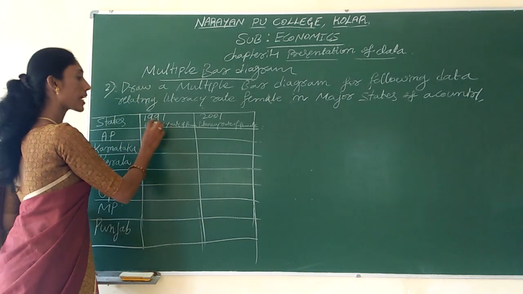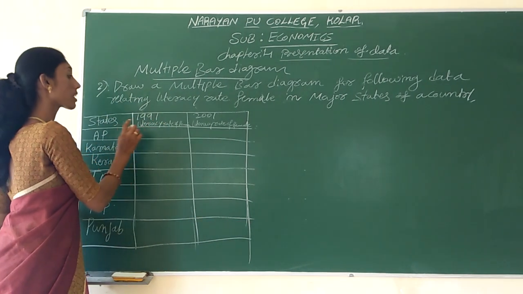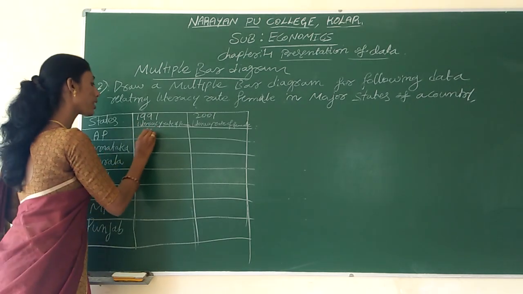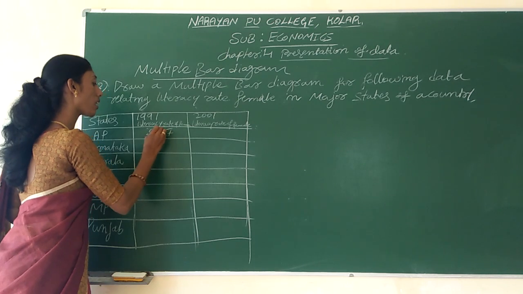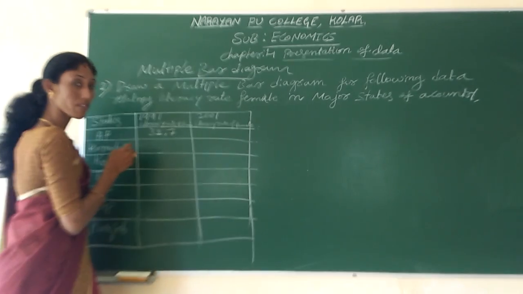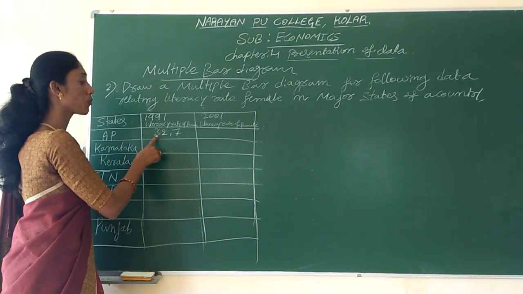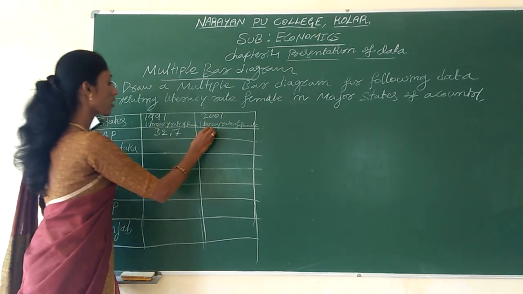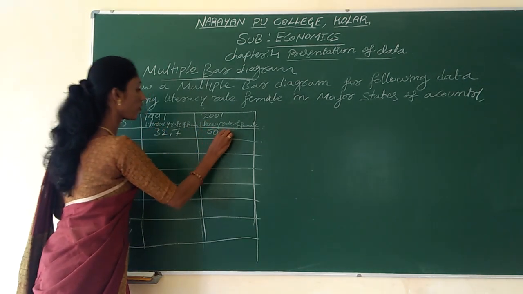In 1991, the literacy rate of females in Andhra Pradesh is 32.7, and in 2001, 50.4.